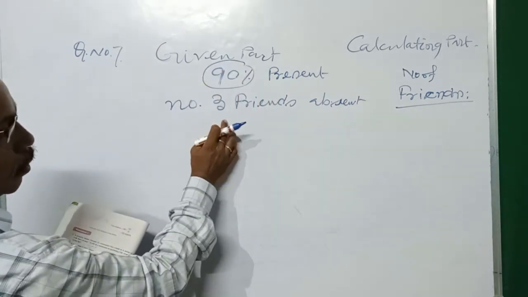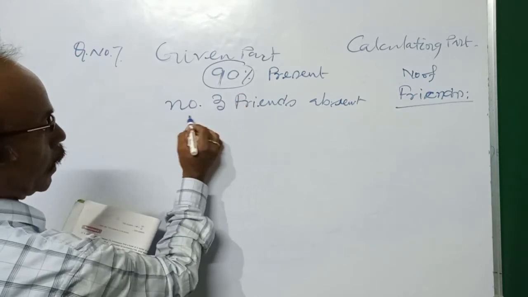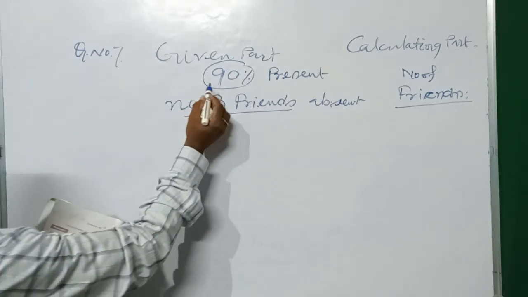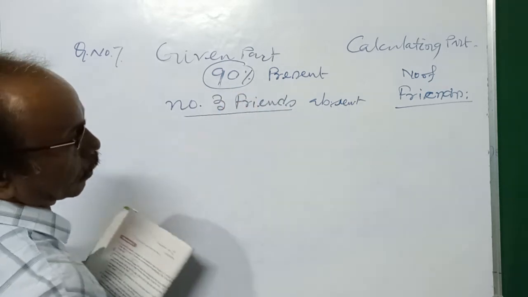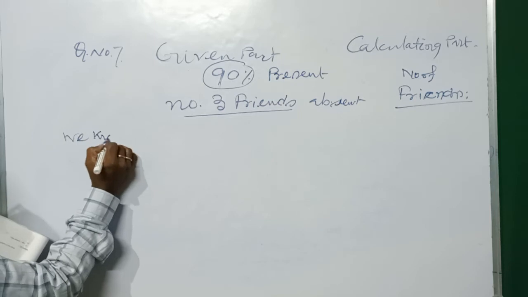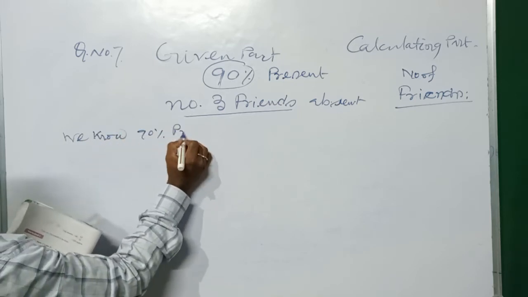As before, similarly, absent is the number of 3 friends. So, first of all, we also calculate the absent friends percent. We know 90% present.